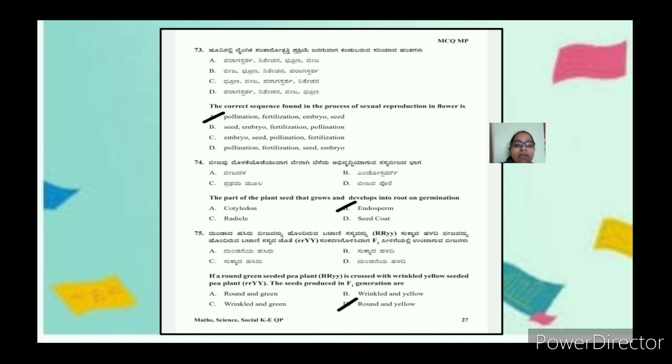If a round green seeded plant, that is RRyy, is crossed with a wrinkled yellow seeded plant, so the dominant and recessive characters are found here. The seeds produced in the F1 generation. So they are asking about the first offspring generation, which will be round and yellow. The dominant ones will get expressed.